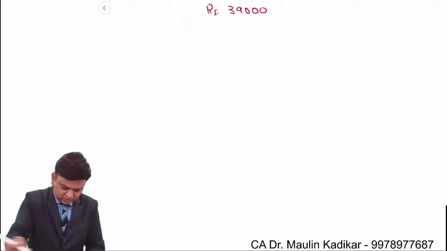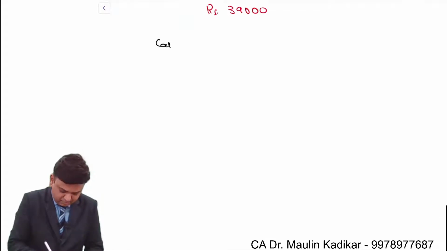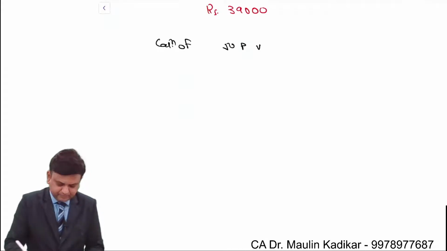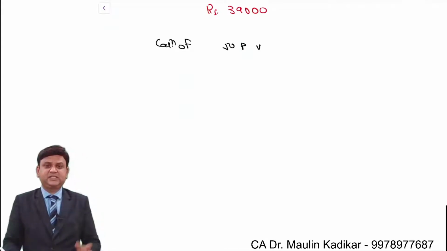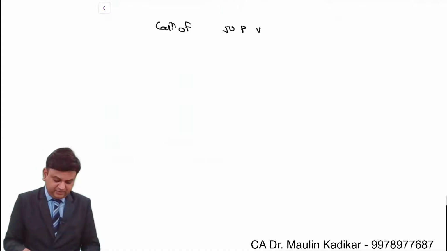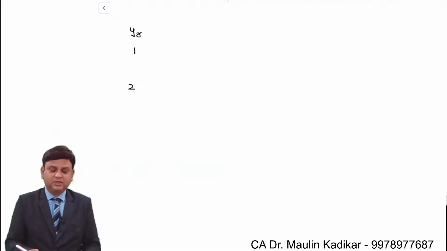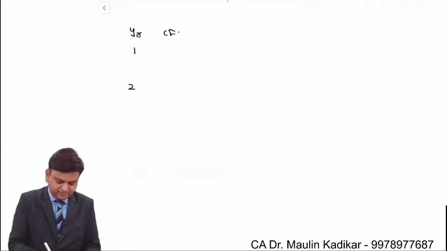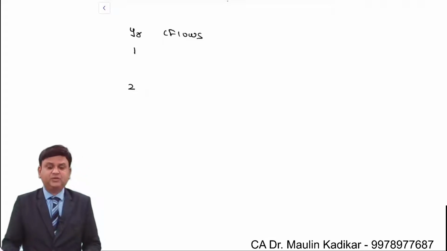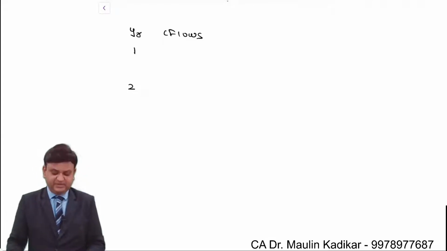Now, calculation of NPV. Let us understand how to make the calculation of NPV. It will be found like this. First year and second year, we will have the cash flow, in terms of savings of the interest expenses.